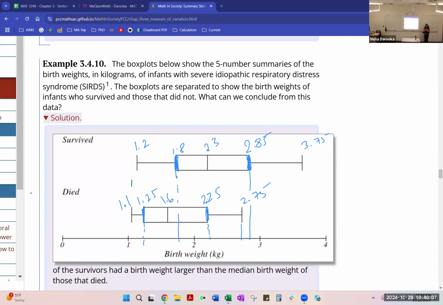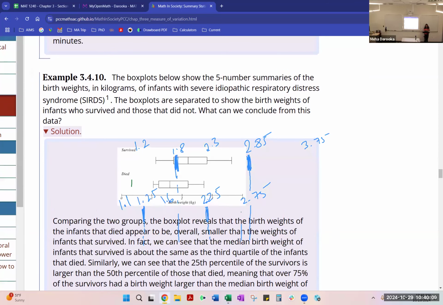I'm going to leave my writing on for a minute, which I know will make the paragraph a bit hard to read. But they're saying basically when we're comparing the two groups, the box plot reveals that the birth weights of the infants that have died appear to be overall smaller than the birth weights of the survivors. In fact, we can see that the median birth weight of infants who survived is about the same as the third quartile.